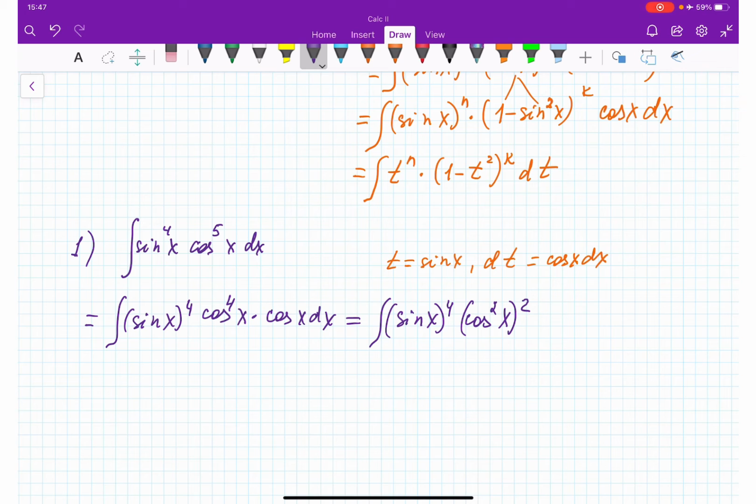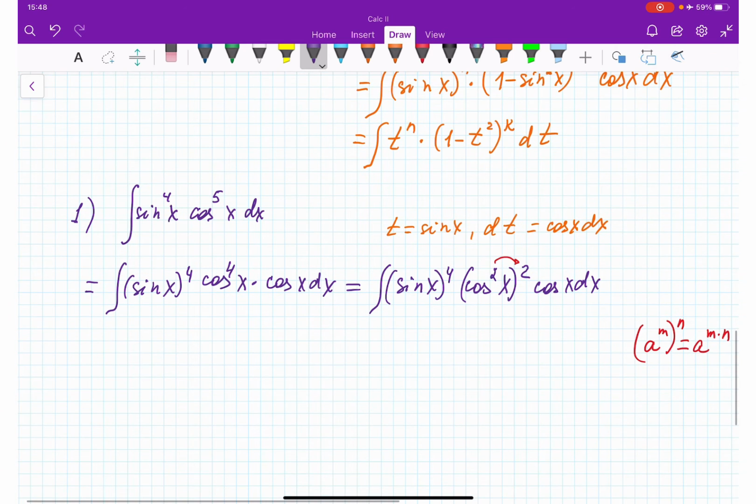Under no circumstances 2 plus 2 because we have the property we are applying, a to power m to power n, power to power, a is equal m times n. That's why. So 2 times 2. Okay. And we are getting cosine x dx.